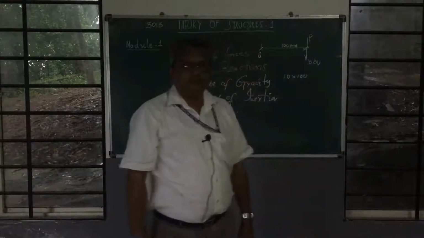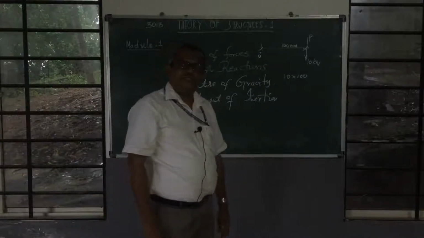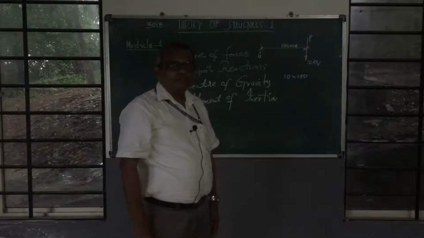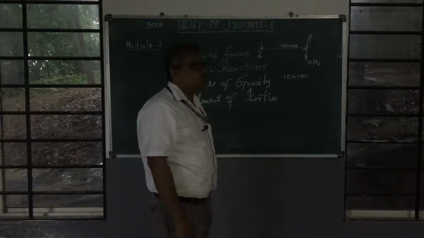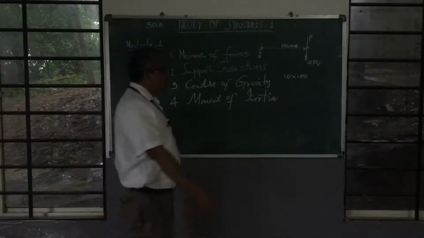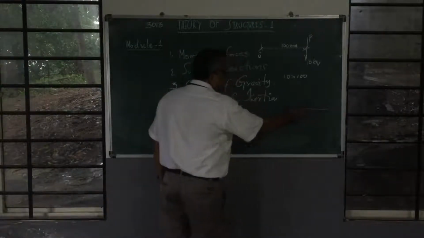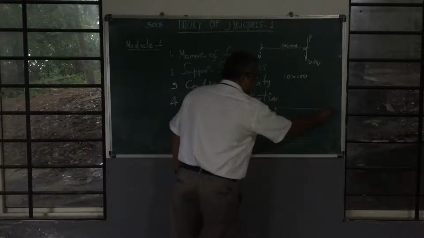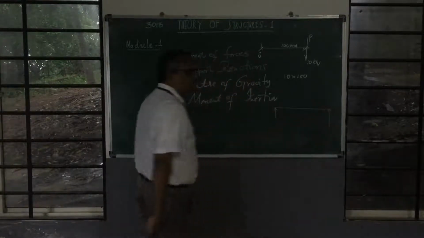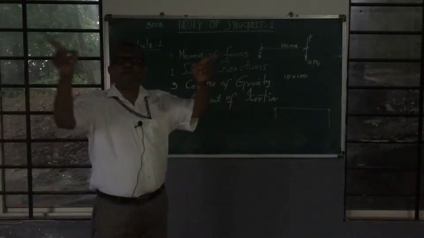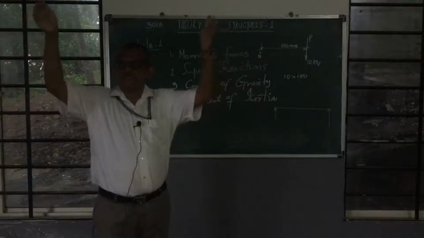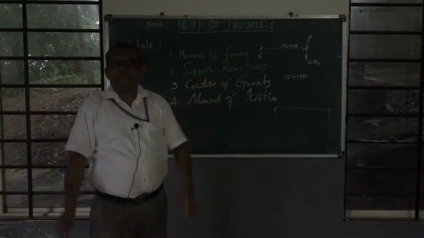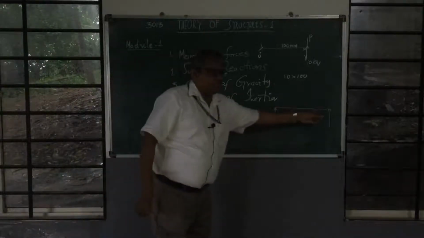Whenever there is a beam, we are civil engineers, so we always discuss structural elements like slabs, beams, columns, etc. Whenever we discuss a beam, there are different types of beams. You will study in detail. Now, suppose a simply supported beam, that means a beam supported at the two ends, freely supported, and the beam is resting over the two supports.